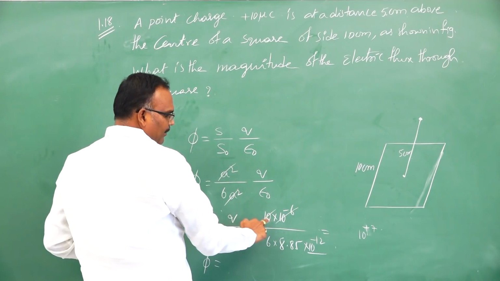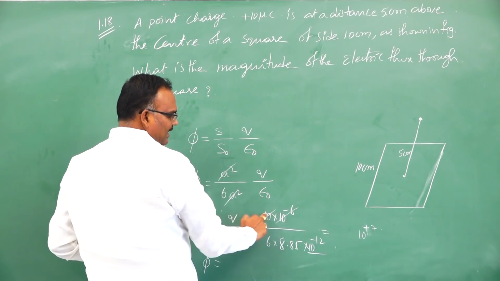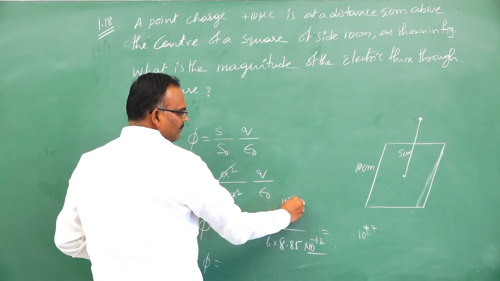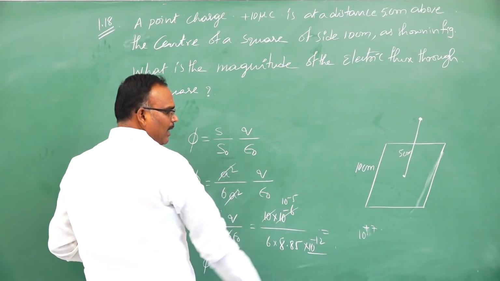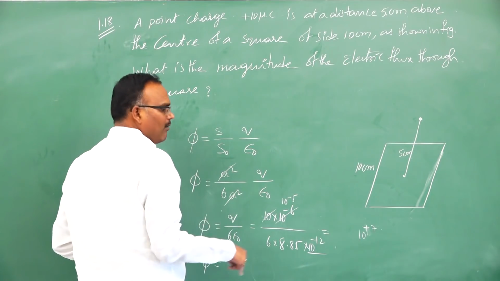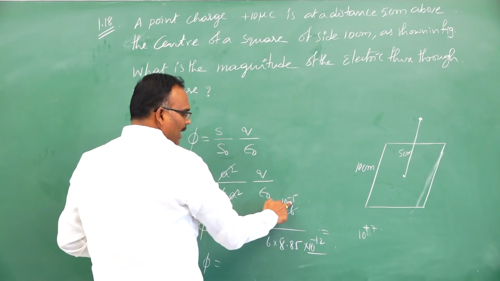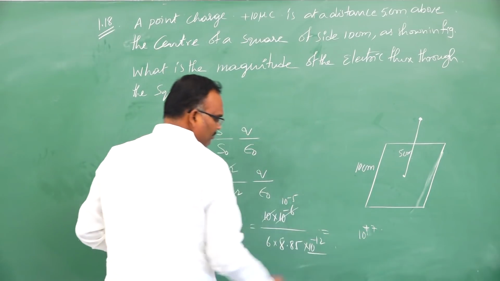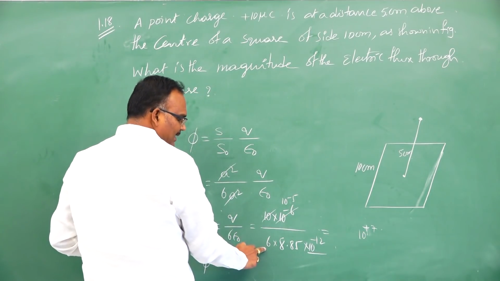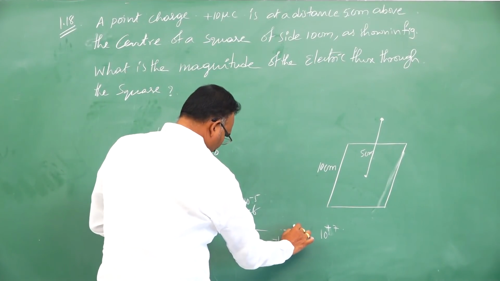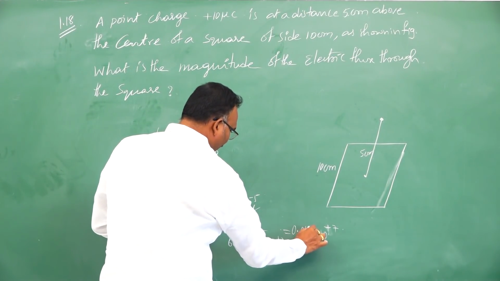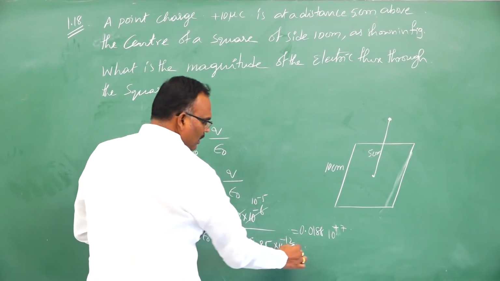Here, 10 into 10 power minus 6 is 10 power minus 5. If 10 power minus 12 comes to the numerator, it becomes 10 to the power of plus 12. Plus 12 minus 5, you will get plus 7. Now I have to do 1 by 6 into 8.85. This value is 0.0188.